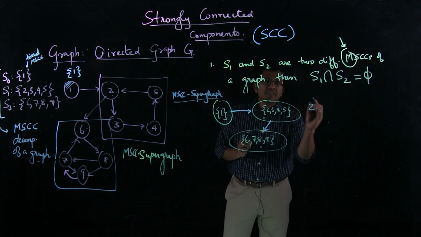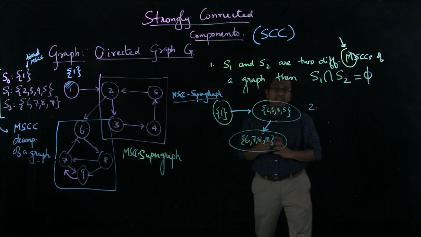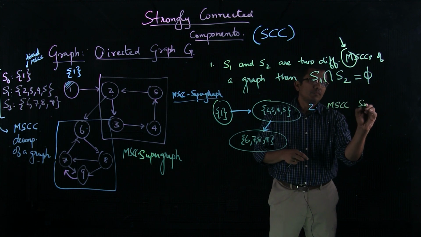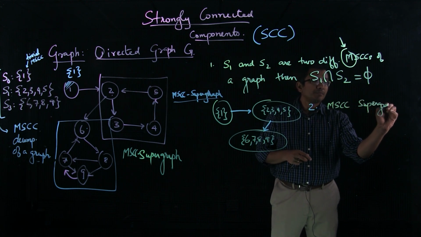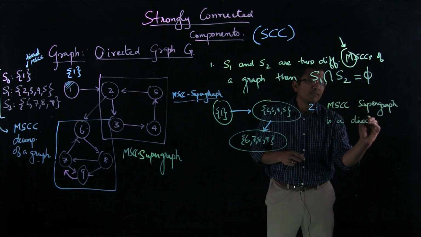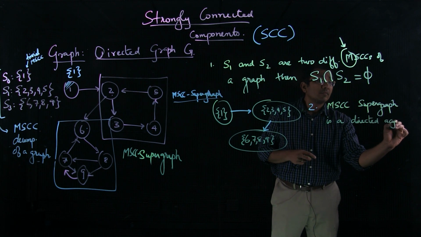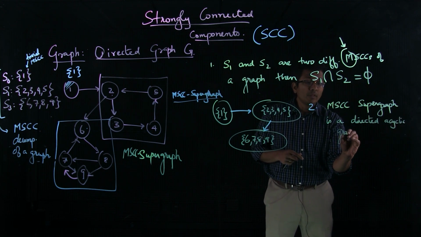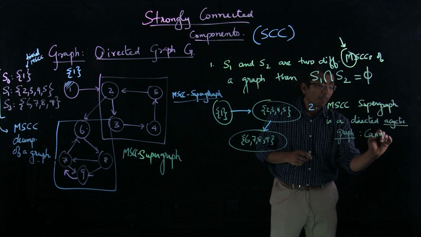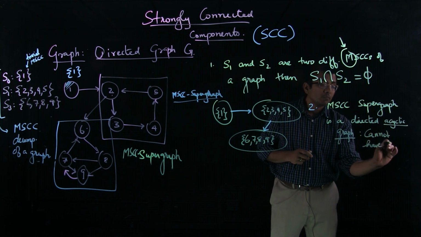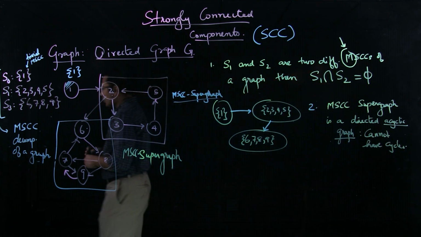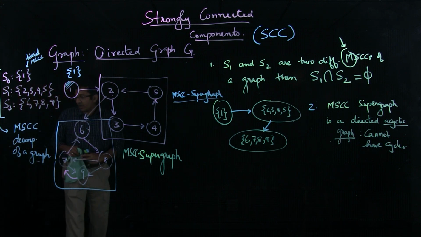Well, this is the second important property of MSCCs, which is the MSCC supergraph is a directed acyclic graph. The main important thing is it is acyclic, cannot have cycles. And that's super important to note, that this MSCC supergraph cannot have cycles.